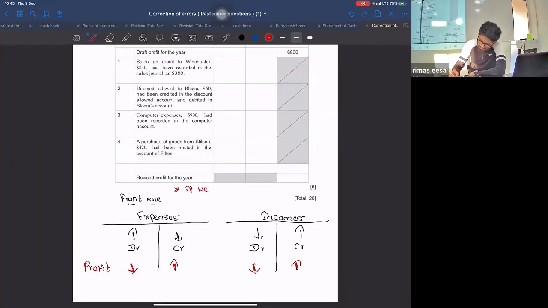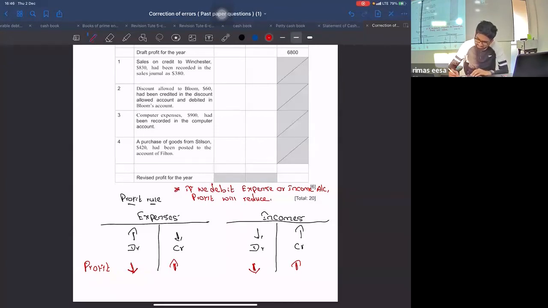If we debit expense or income account, profit will reduce. Okay, if we debit expense or income account, profit will reduce.